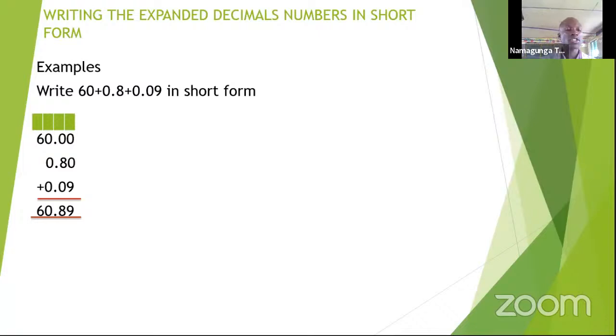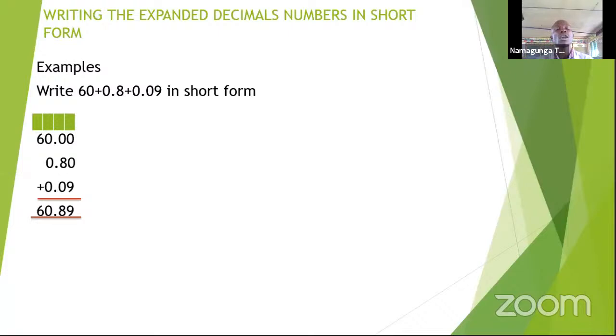So we arrange the given values the way we are seeing in our example, where if we have a whole number, like 60, we also express it as a decimal by saying 60.00 or point any number of zeros.